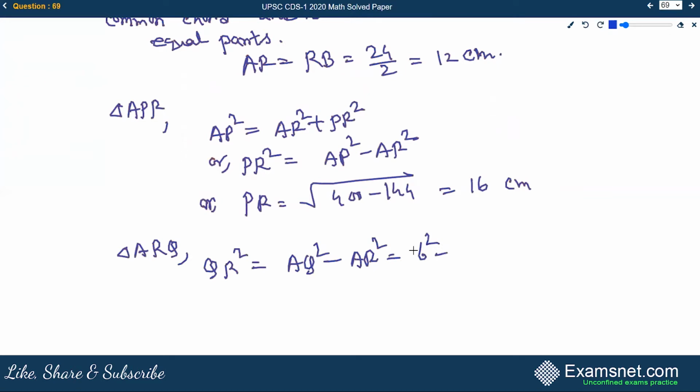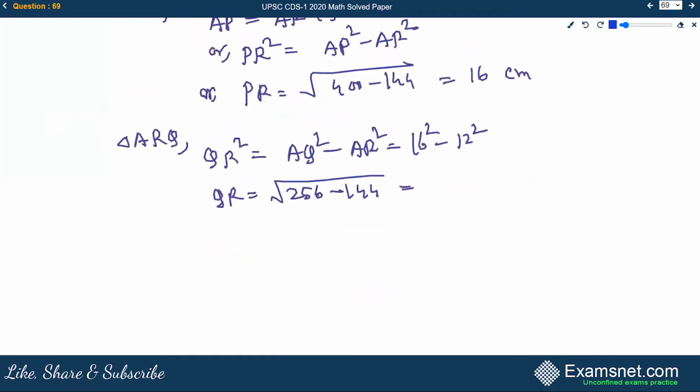That is 16 whole square minus 12 whole square. So QR is root under 256 minus 144, so that would result in root under 112, or the value of QR is 10.58 centimeter.